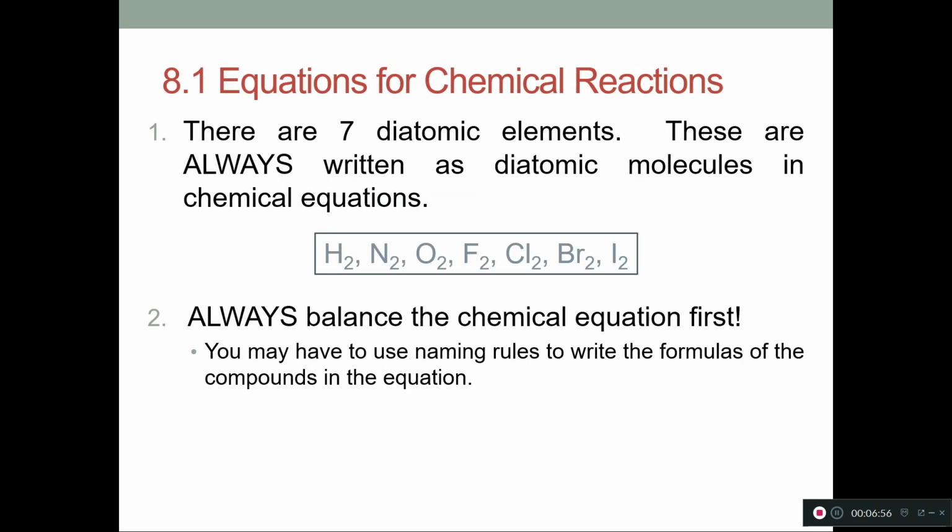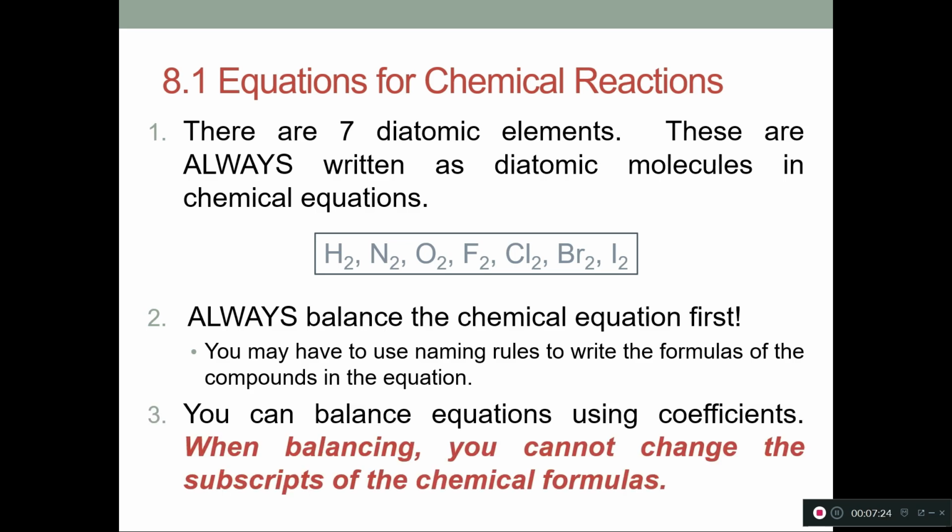The next thing to think about is that when we are coming up with our chemical equations, you always want to balance the chemical equation. And this may mean having to use naming rules to write the formulas of compounds in the equation. So for instance, if we have some kind of ionic compound, say something like copper 2 chloride, then you would have to know that it would be CuCl2, so that there would be 2 chlorines in that compound.